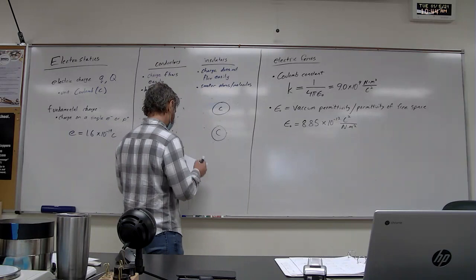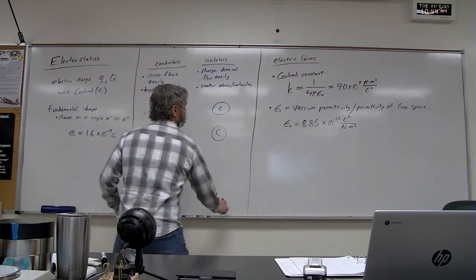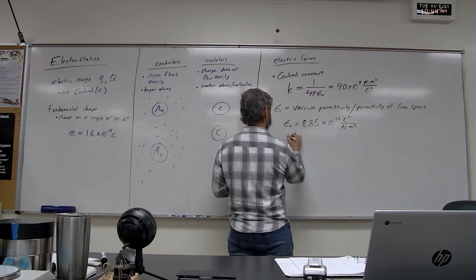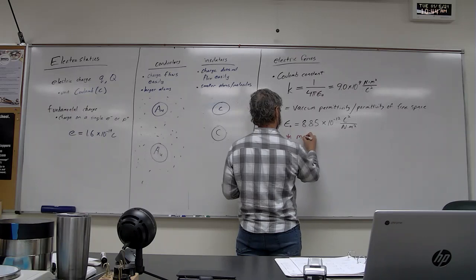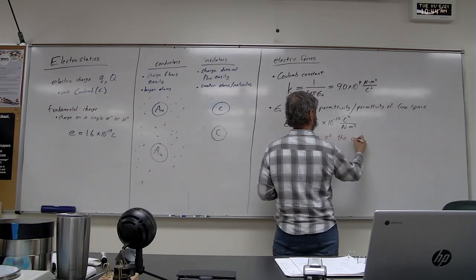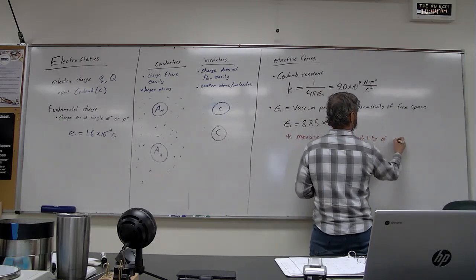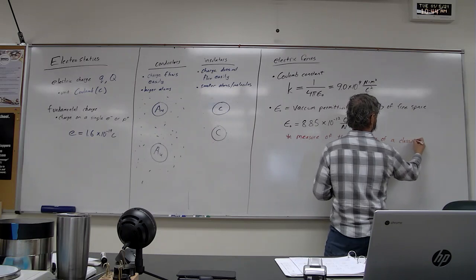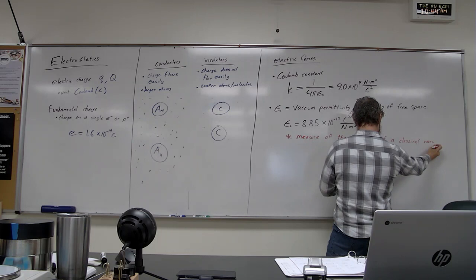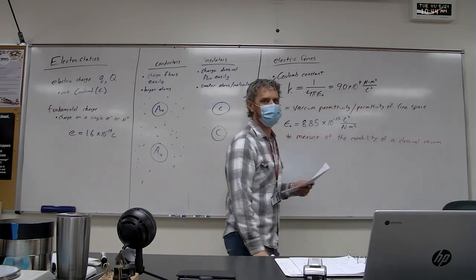Let me write this because this is in my notes. Epsilon naught, this number, the vacuum permittivity, is a measure of the capability of a classical vacuum... How do you spell vacuum? ...to permit electric field lines.